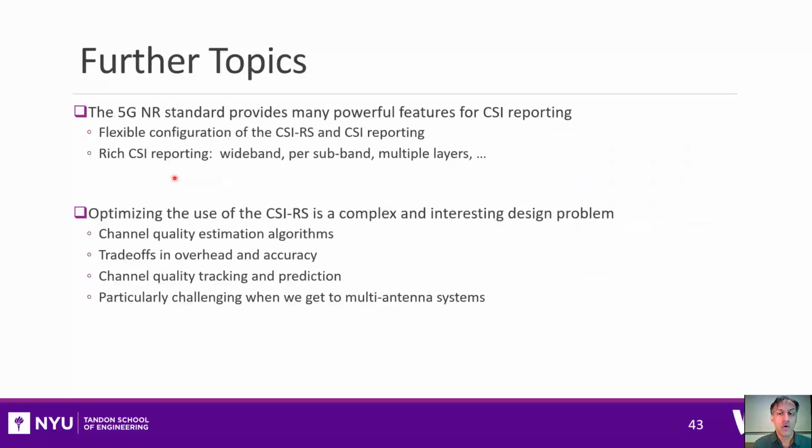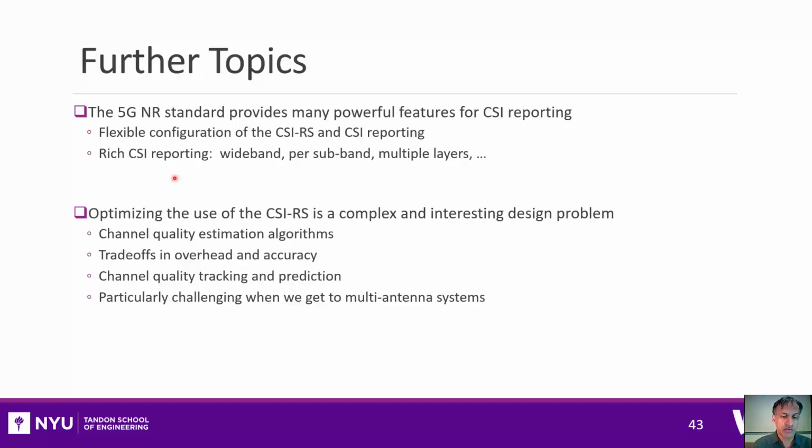All right, the whole topic of CSI is super interesting. The 5G NR standard, for one thing, has enormous numbers of features for configuring these and trading off these different variables. It's also not just the configuration of the reference signals, but the actual reporting itself. There's wideband reporting, where you report a single average SNR.